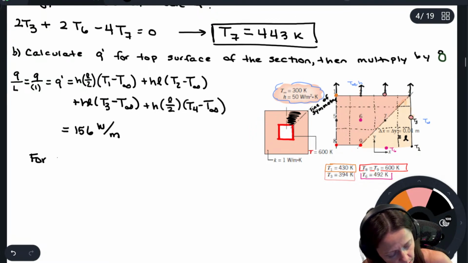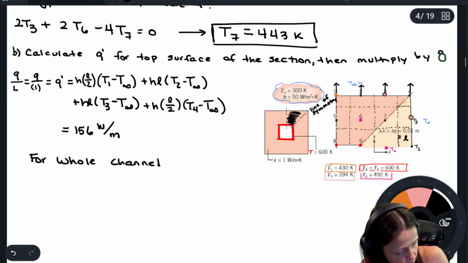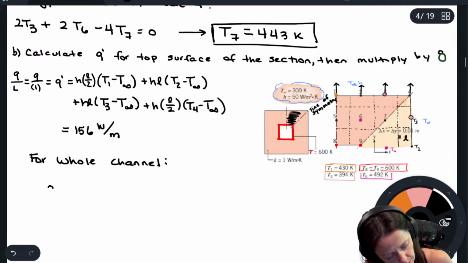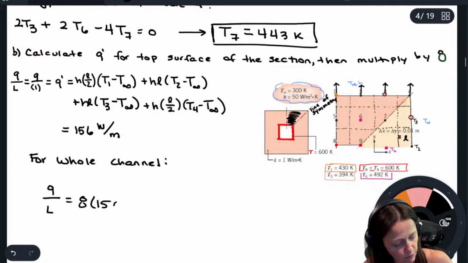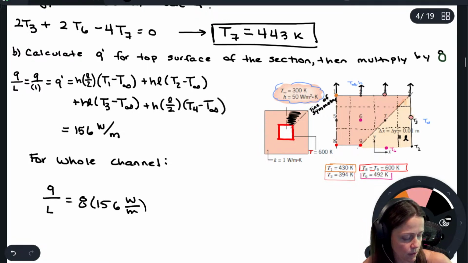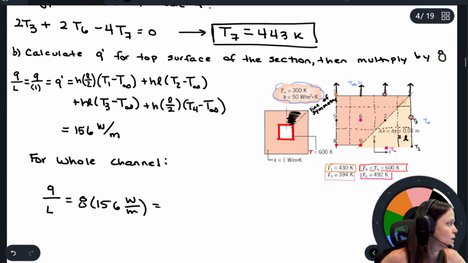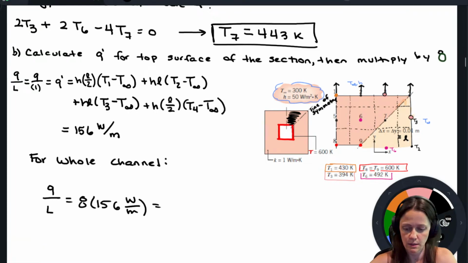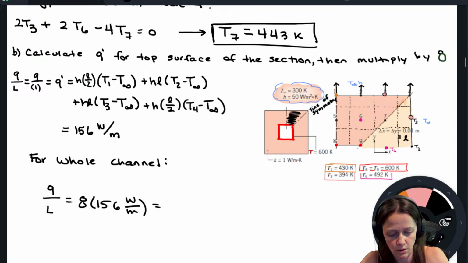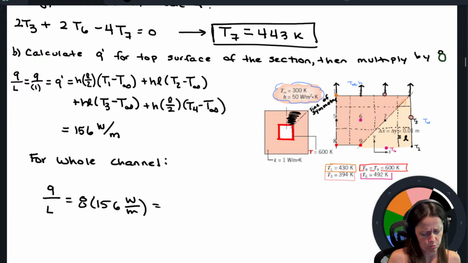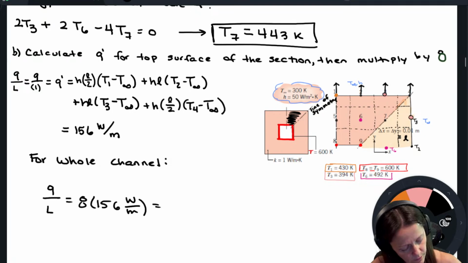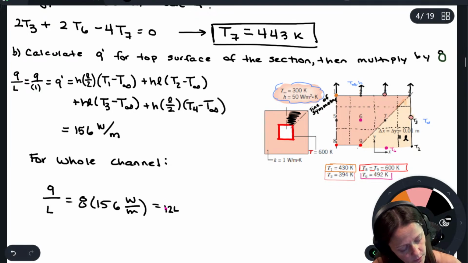But for the whole channel, this would be Q per unit length: 8 times 156 watts per meter, so 1248 watts per meter. And that would be our final answer there.